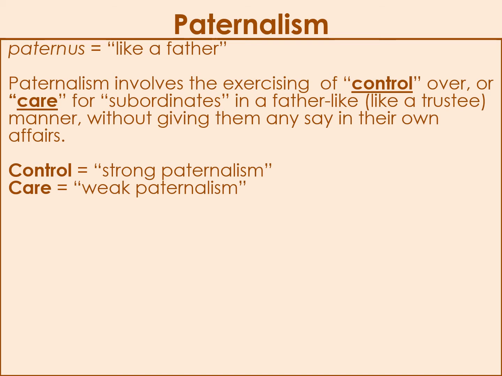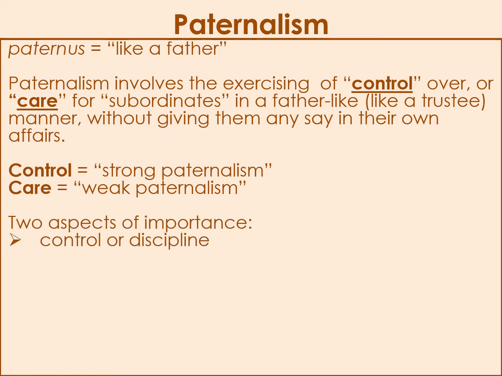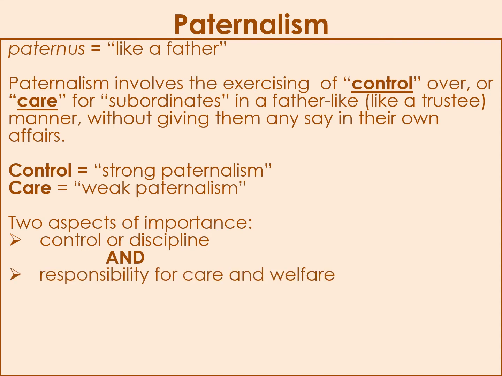Within this particular context, two key aspects are therefore of importance and interrelated to one another: control or discipline and responsibility for care and welfare, as defined by the specific group or society by which paternalism is practiced.